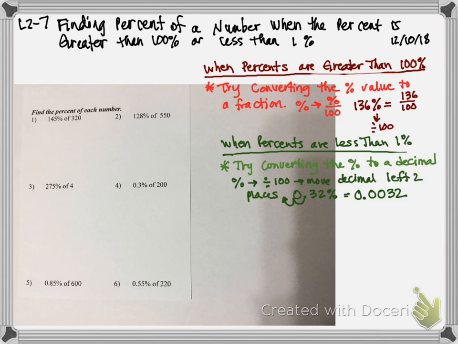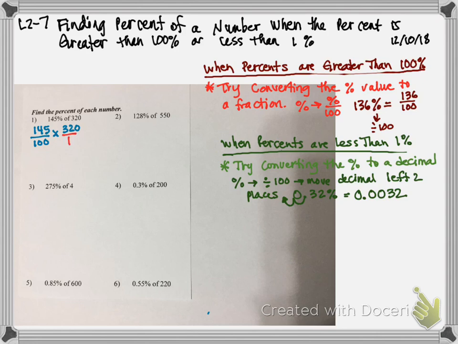So let's start with this: 145% of 320. So let's go ahead and try to convert this percent, 145%, and write the per 100 vertically. And then we're going to multiply by 320. So remember what we can do. We can create a fraction anytime from a whole number by just simply giving it a denominator of 1.